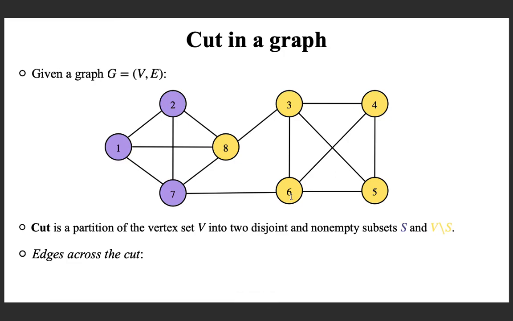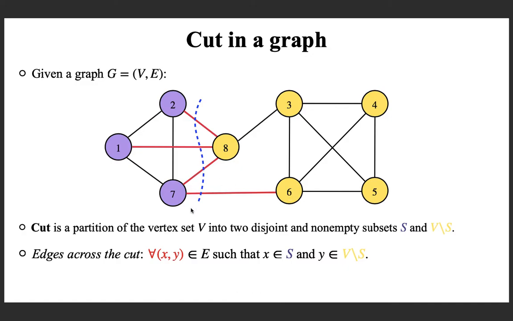And what are the edges crossing the cut? These are all those edges such that one end of the edge is in one set and the other end is in the other set. Edges crossing the cut are those edges xy such that x is in one set and y is in the other set. Example, here there are 4 edges crossing the cut.